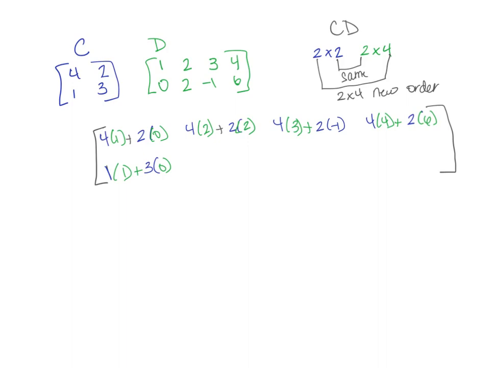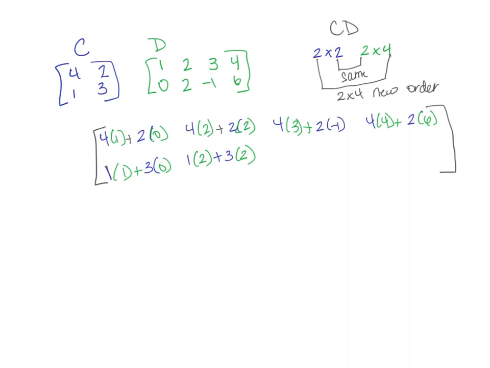Now I can go to my second row, second column. So I'm going to be looking at my second row and my second column. So I would have 1 times 2 plus 3 times 2.